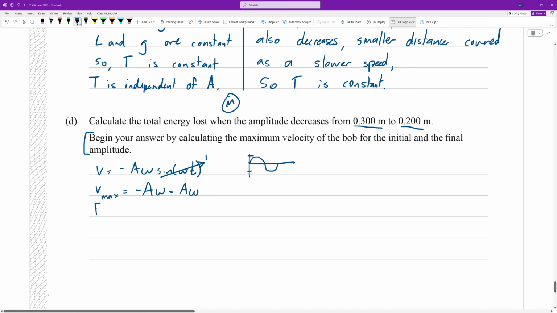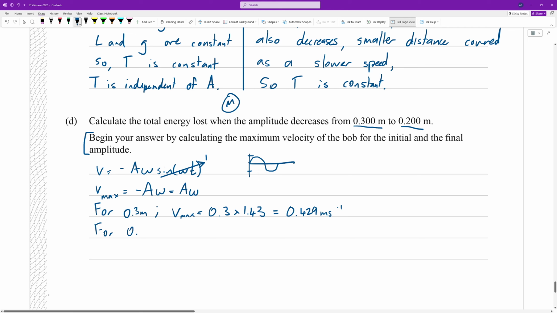So let's write 0.3 meters. V max is equal to 0.3 times 1.43 radians per second, giving us 0.429 meters per second.